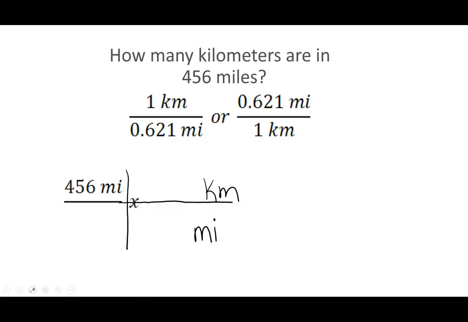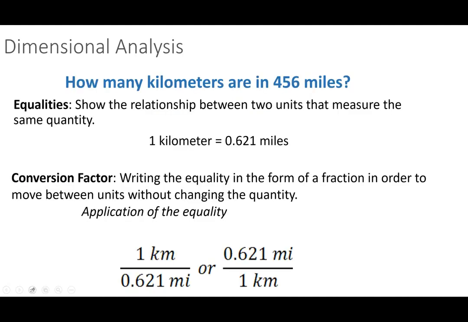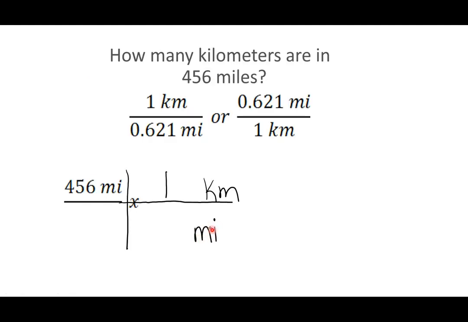So when I go to my work, I find the unit kilometer is on top and the number 1 is attached to kilometer. Back to my equality, I see the number 0.621 is attached to the unit miles. So on my work where I see the unit of miles, that's where I'm going to write my 0.621.